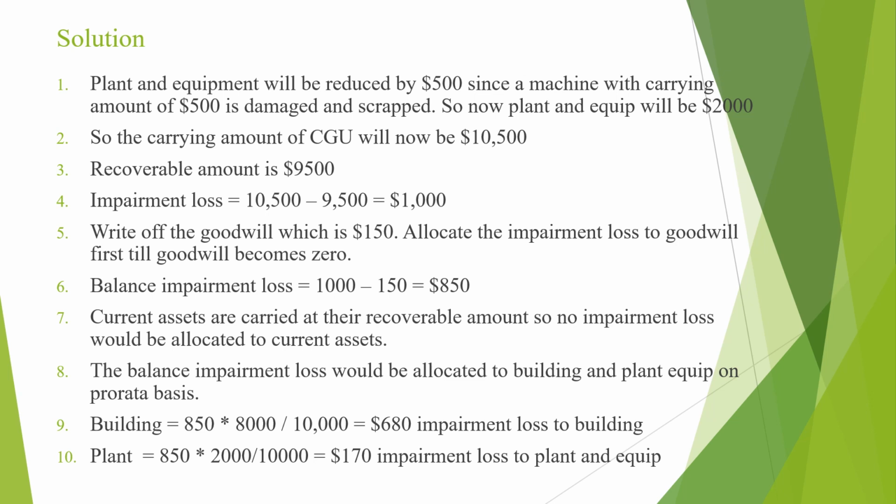From that you will subtract the impairment loss of 170. So that will make it 1,830. And you had current assets which were valued at 350, so now you have all the assets put together. The carrying amount of the CGU will be 9,500, which will be the same as the recoverable amount.